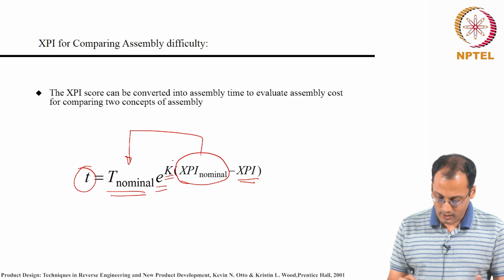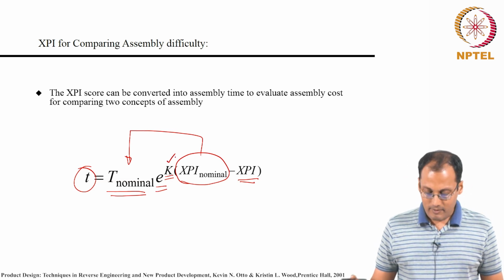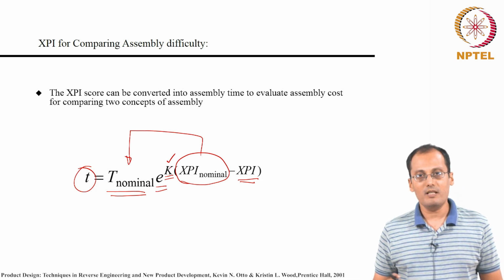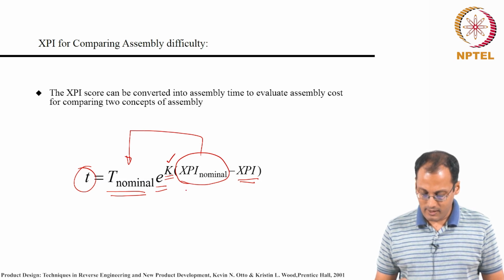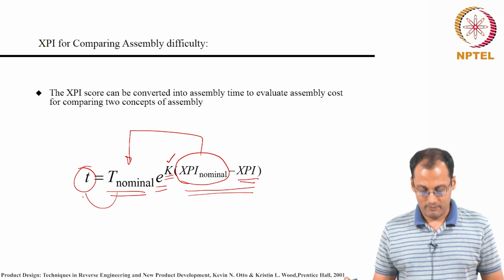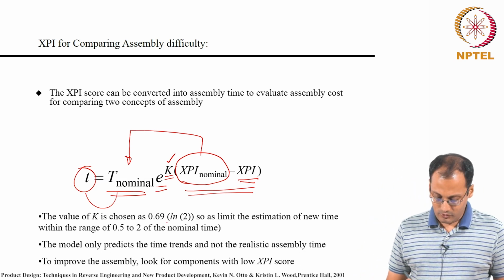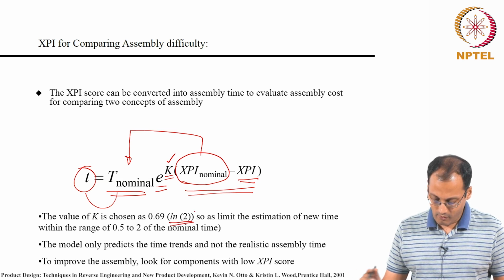So, one has to use an appropriate constant k, and it is suggested because this k is a scaling factor which needs to be used to convert the difference in this XPI score to help estimate the difference between the assembly time. So, the k value is typically chosen as the log 2, that is 0.69.